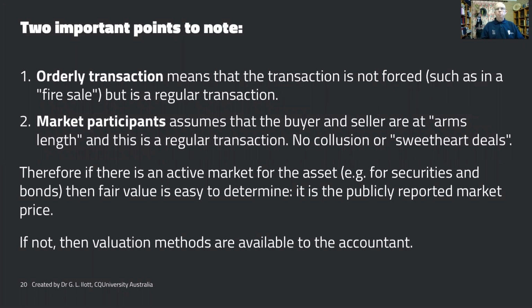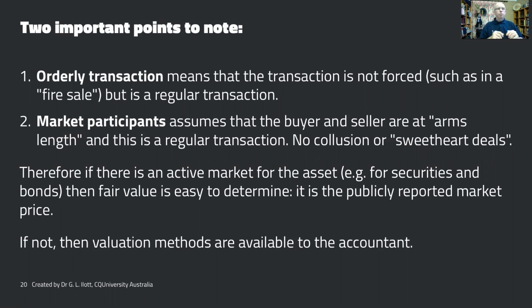So there's some important points to note there. The orderly transaction means that it's a normal, regular transaction and not a forced or rushed sale. Market participants assume that the buyer and seller are at arm's length, and this is a regular transaction. So there's no collusion and no sweetheart deals, no mates rates.